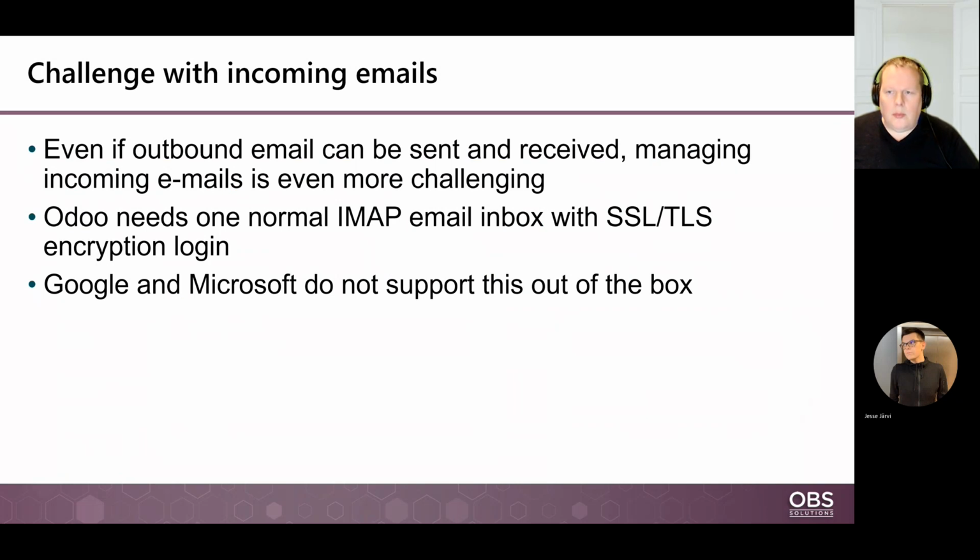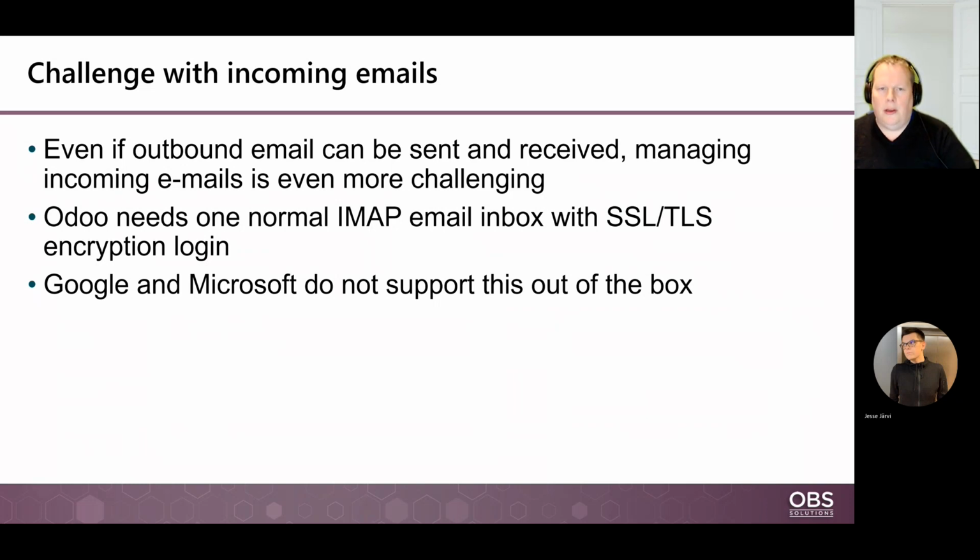There's a secondary challenge. Even if we are able to send the email correctly, we must also be able to receive the replies from the customers. So how do we receive the replies to the emails?